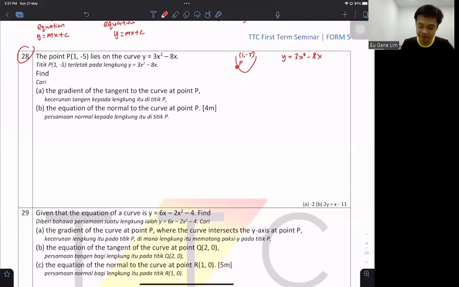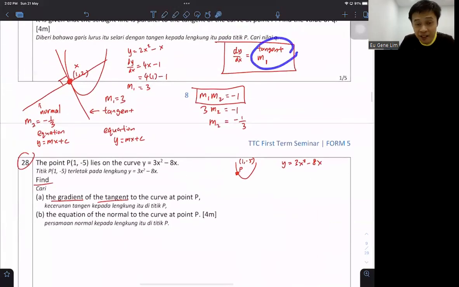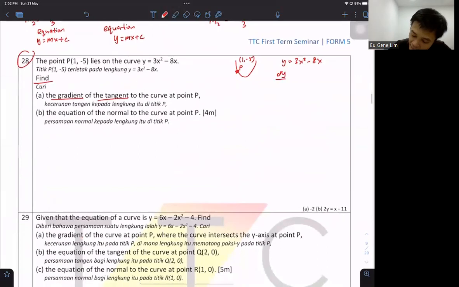So now the question asks, find the gradient of the tangent. What is the gradient of the tangent? Tangent gradient is dy/dx, meaning it asks you to find dy/dx. So you go and differentiate. Remember, dy/dx is the tangent gradient.